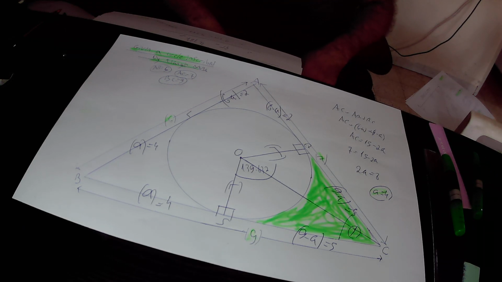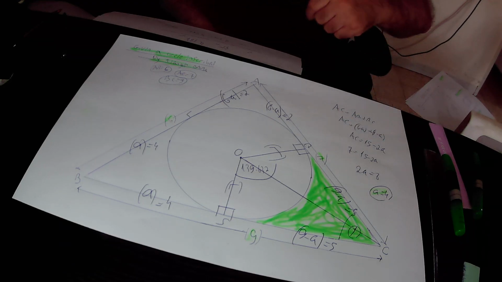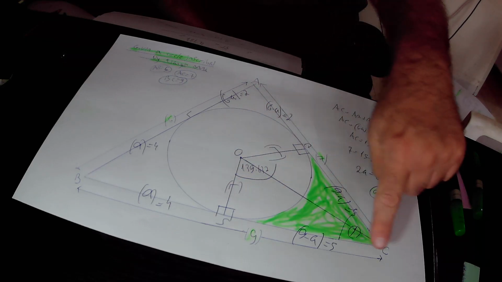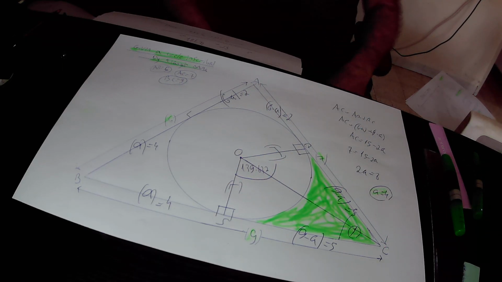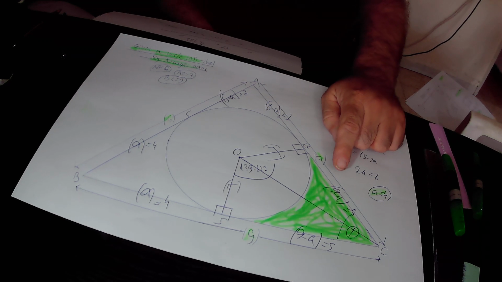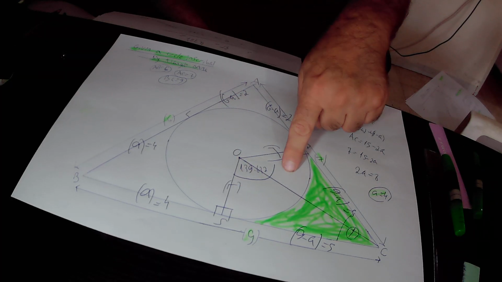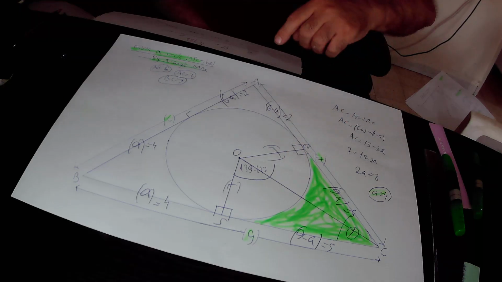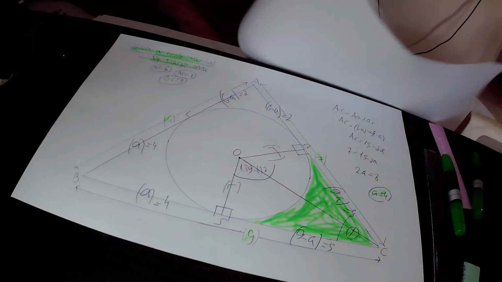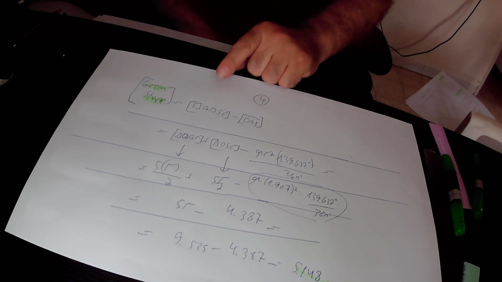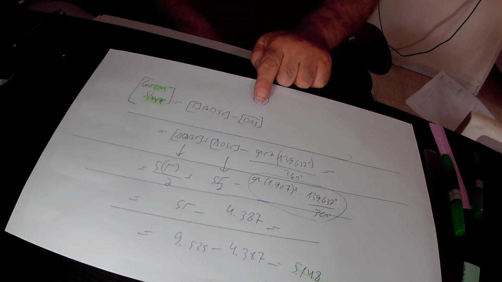Our task is to find the area of this shape. This is quadrangle QOSC. It is very easy to see that the area of this shape in total is equal to the area of quadrangle QOSC plus the area of sector OQS.